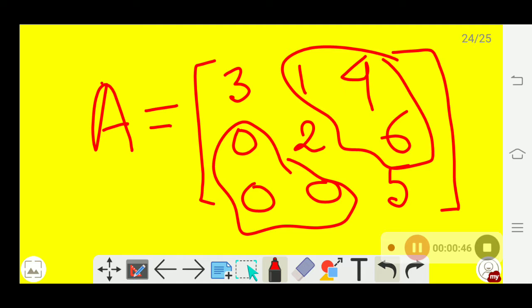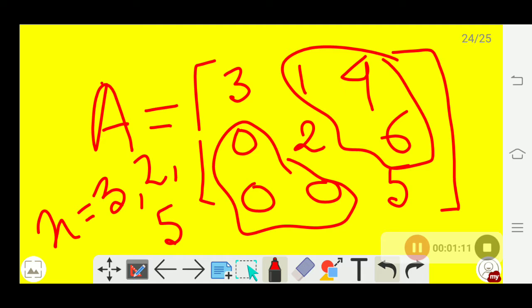If you have gone through my properties of matrix video, you can easily tell that the eigenvalues of this matrix are 3, 2 and 5. Lambda is equal to 3, 2 and 5.